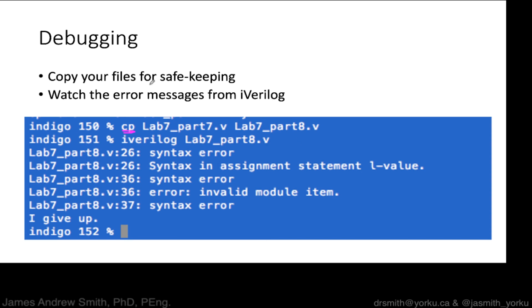It's good for safekeeping, and as you're creating your system, take a look at what your errors are, because you'll have errors, that happens. And if you're not able to debug the error itself, then sometimes a really good idea is to start from scratch again. Okay, so just erase the file, or save that file, start a new one, and try again. And this is one of the typical ways of getting through potential errors that you encounter.